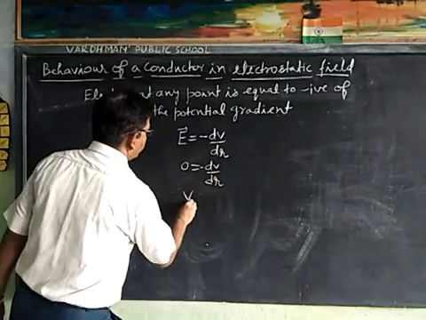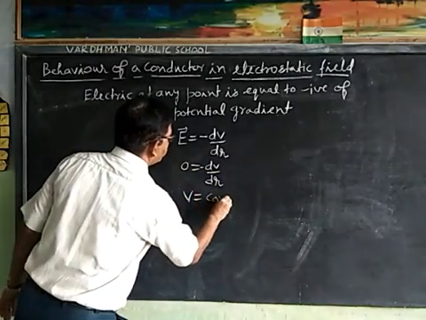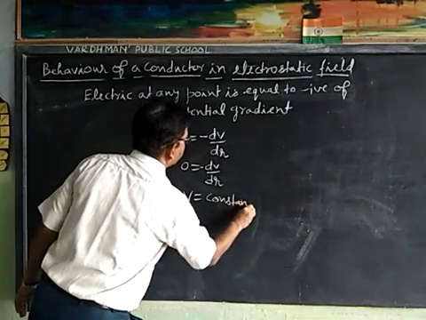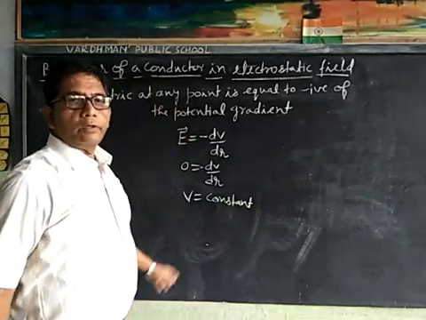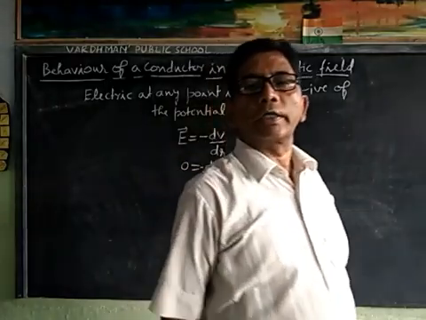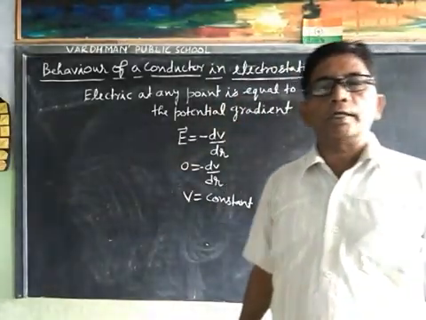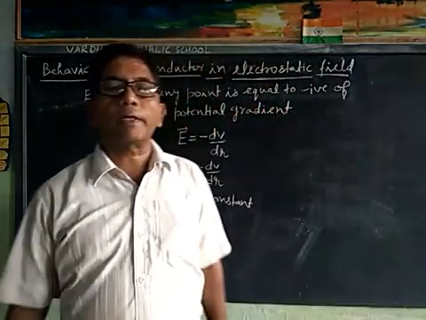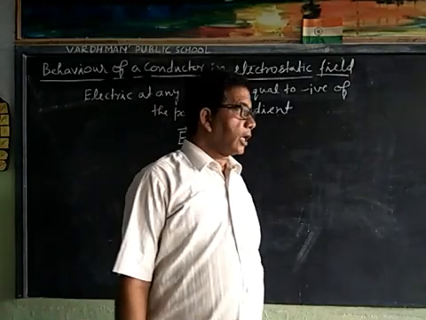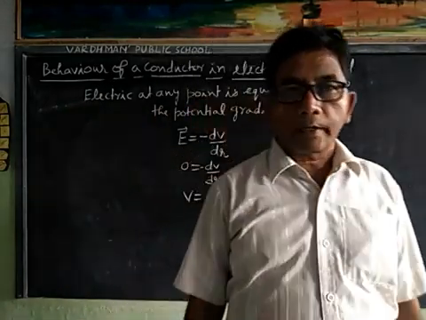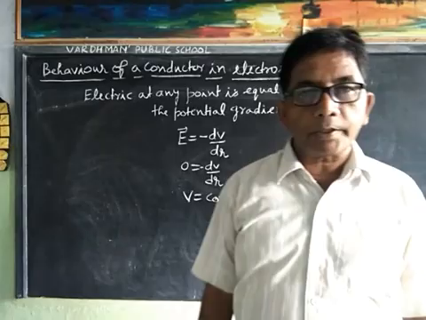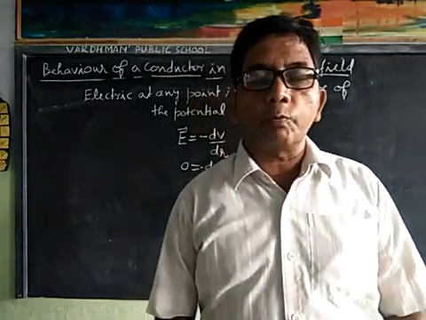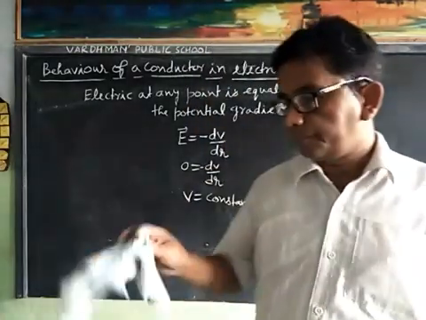Thus we can see V is equal to constant. V is constant at the surface of the conductor, and the surface is known as an equipotential surface.